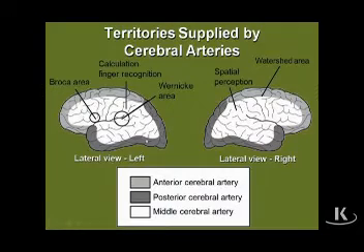The other point we want to make is that on the lateral aspect of each hemisphere, we need to make a distinction between the lateral aspect of the left hemisphere versus the lateral aspect of the right hemisphere. And we make this point by saying that the left hemisphere is considered statistically to be the dominant hemisphere because it contains the language centers.